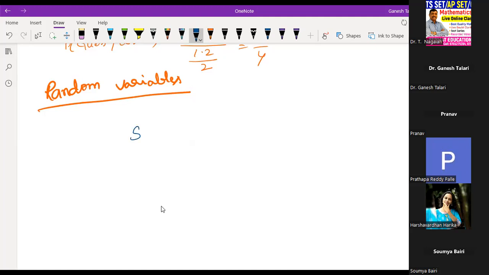Earlier we made the sample space, all the outcomes: tossing a coin, casting a die, drawing a card from a 52-card deck. These are the outcomes, which is the sample space, where we wrote head and tail, or for two coins simultaneously, HH, HT, TH, and TT. So this is the only way we have been drawing the probability.